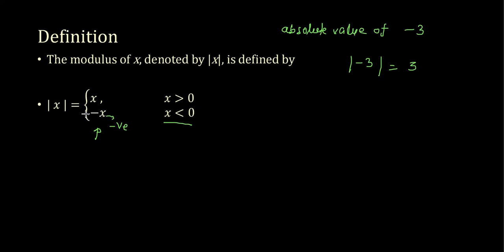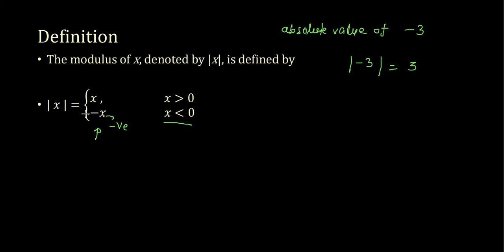That is why the modulus function is defined like this, so that the output is always positive. If the input is positive, then the output is positive, but if it is negative, we attach a negative sign to this number, so that minus minus becomes positive.